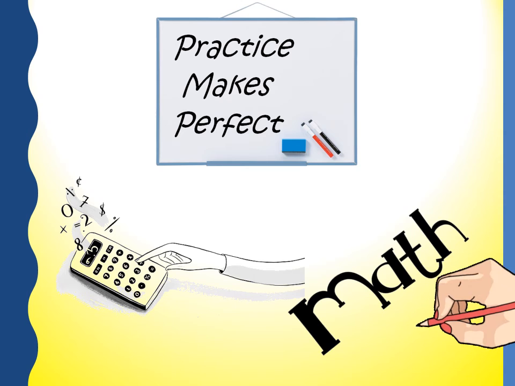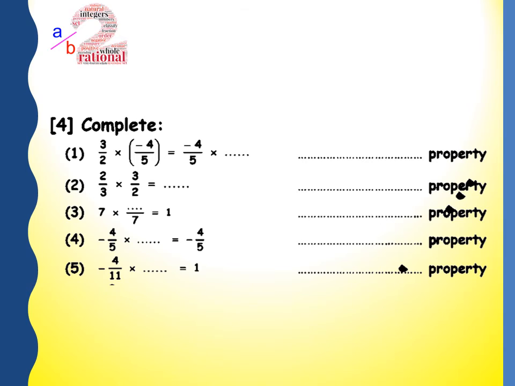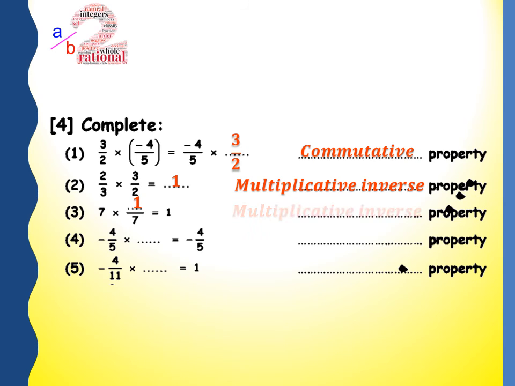Now let's have some exercises. Complete: 3 over 2 times negative 4 over 5 equals negative 4 over 5 times what? Times 3 over 2, by the commutative property. 2 over 3 times 3 over 2, this property is the multiplicative inverse and equals 1. 7 times its reciprocal equals 1, its multiplicative inverse.